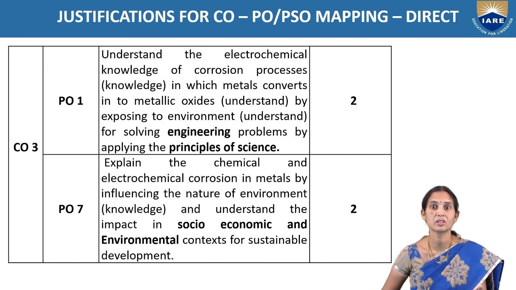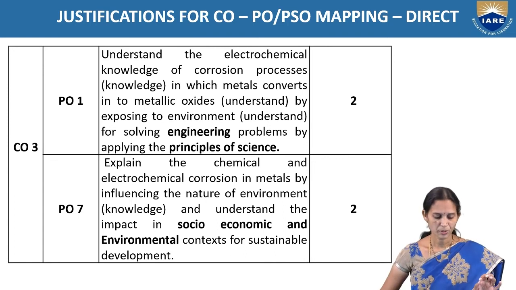They will understand about that, how that layer is formed on the surface of the metal by exposing to the environment. So they will understand about that, for solving engineering problems by applying the principles of science. So here students are not learning about the derivation part or mathematics, any formulas. So we are giving number of vital features only 2.